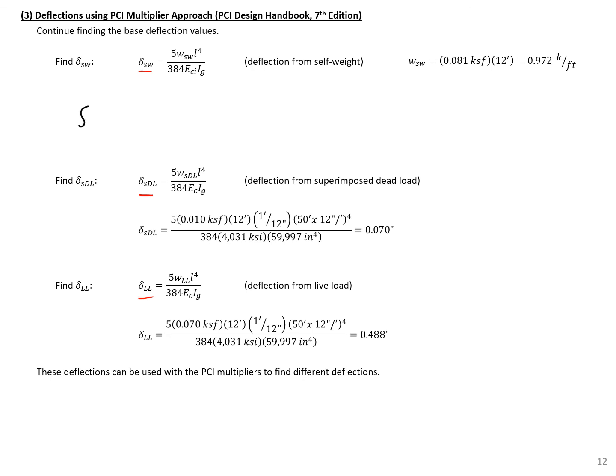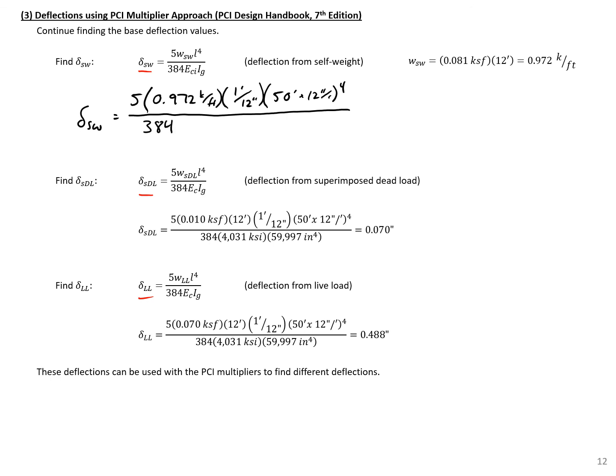So our deflection due to self-weight is going to be equal to 5 times our self-weight distributed load, which will be 0.972 kips per foot, times 1 foot per 12 inches, times our length, 50 feet times 12 inches per foot to the fourth, divided by 384 times the modulus at release, 3,372 ksi, times our gross moment of inertia, 59,997 inches to the fourth.